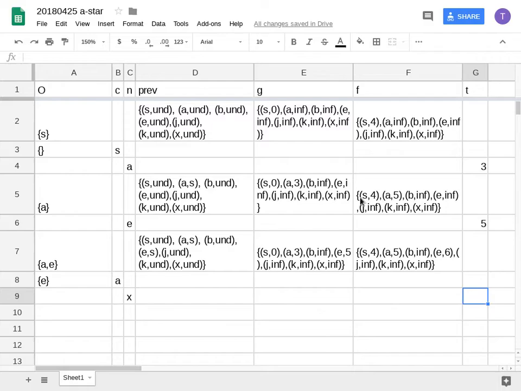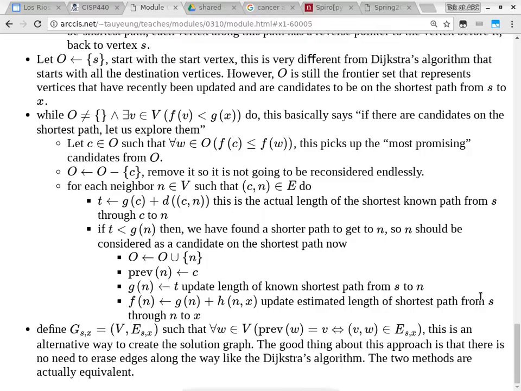So we have to update the g value. Oops, excuse me, I take it back. We don't update yet, but we do have to update T. So T is now 7. The next question is, do we need to do any updates? Because we have to evaluate the condition of the conditional statement now. So we are asking, is T, which has a value of 7, less than g of X, which has a value of infinity?